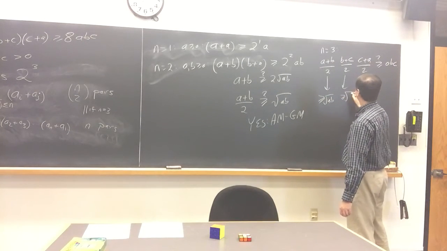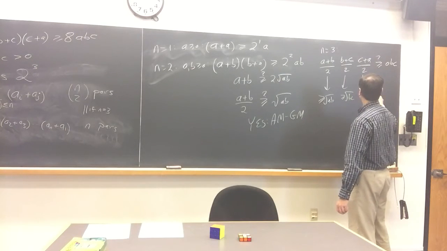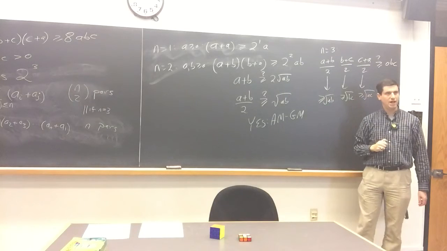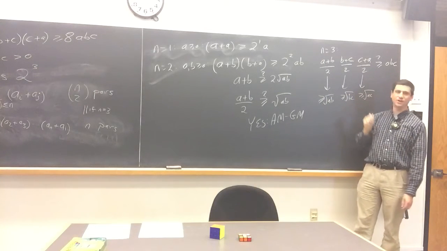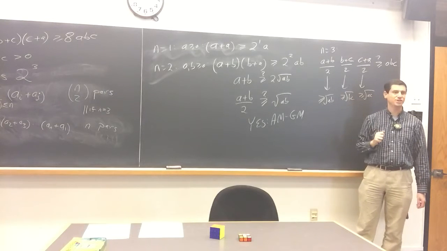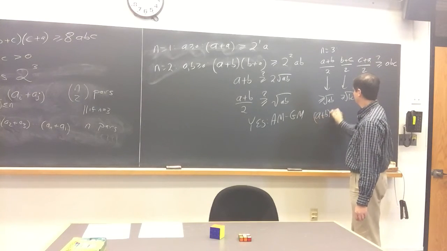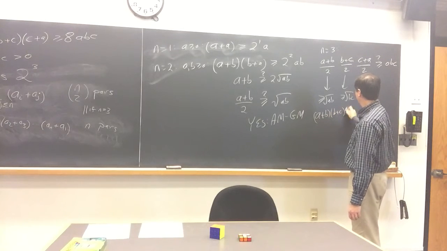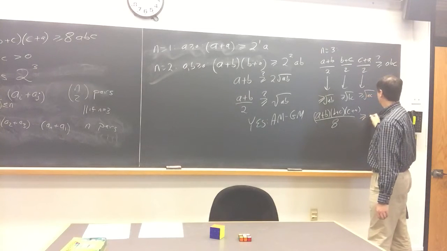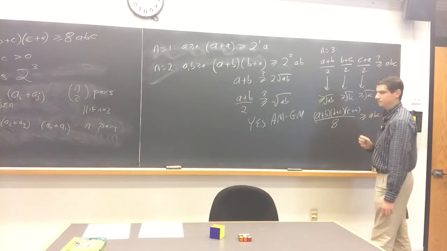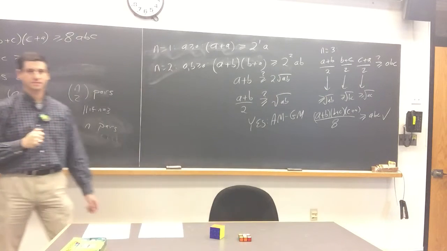This will be greater than or equal to the square root of bc. This will be greater than or equal to the square root of ac. And now when you multiply everything together, we'll have square root of a twice, square root of b twice, square root of c twice. And when you multiply it, you get (a plus b)(b plus c)(c plus a) all over 8 is greater than or equal to abc. So it really just follows from the AM-GM.